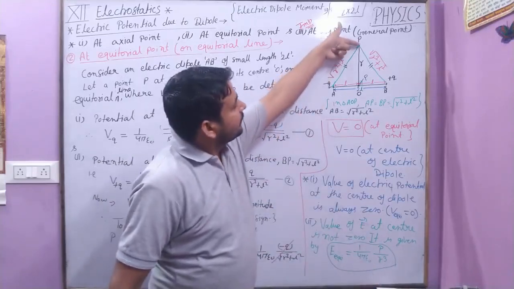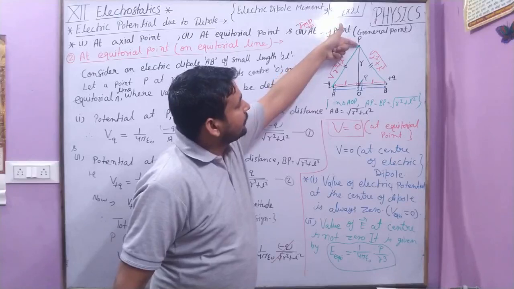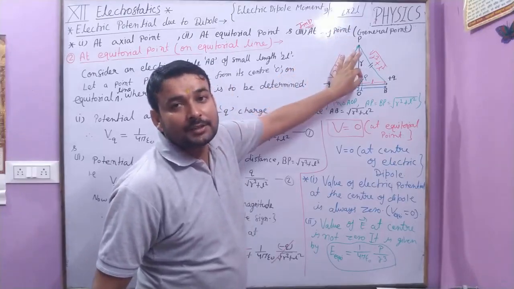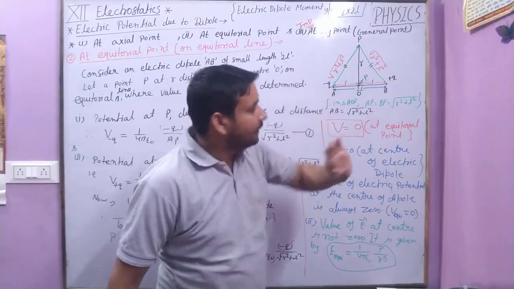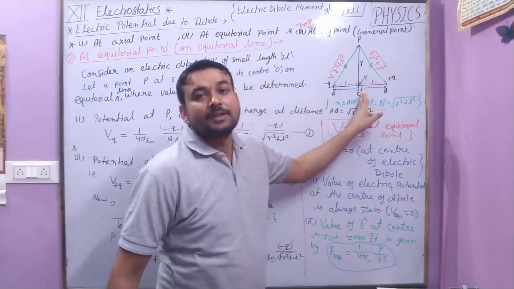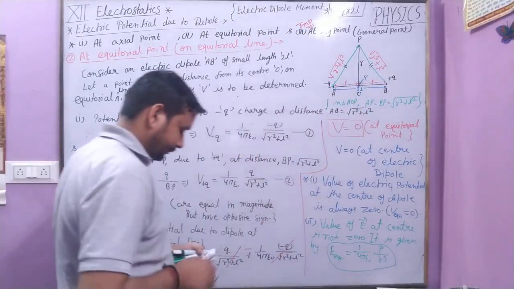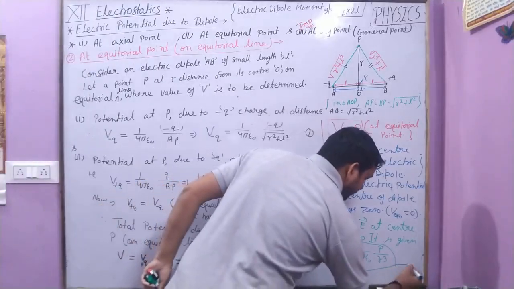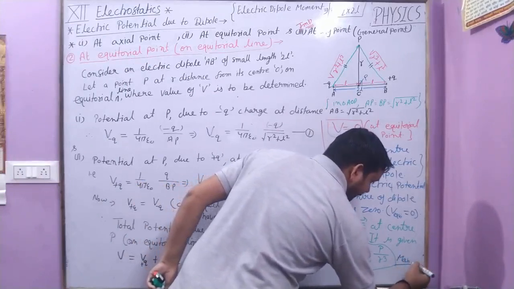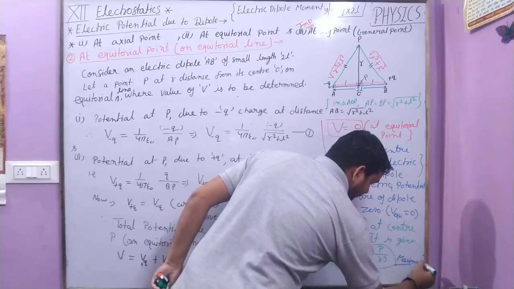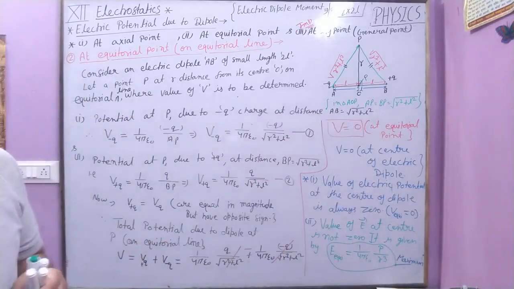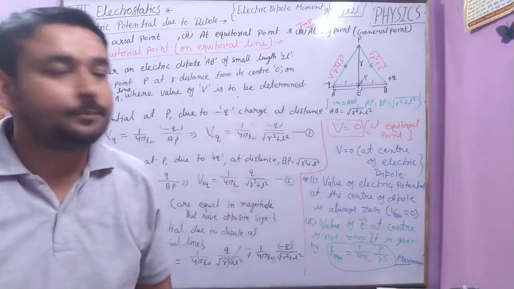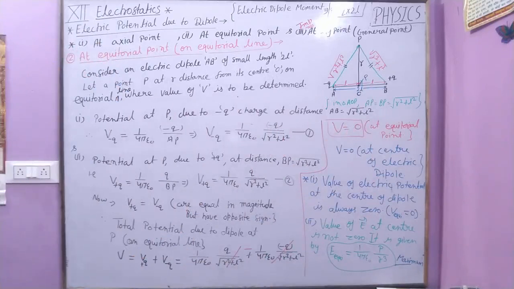As the distance between the center and the point P decreases, the value of the field will increase, which means at the center of the dipole the value of electric field is maximum, because this R reduces to 0 and the value of electric field will become infinity. Okay, thank you.